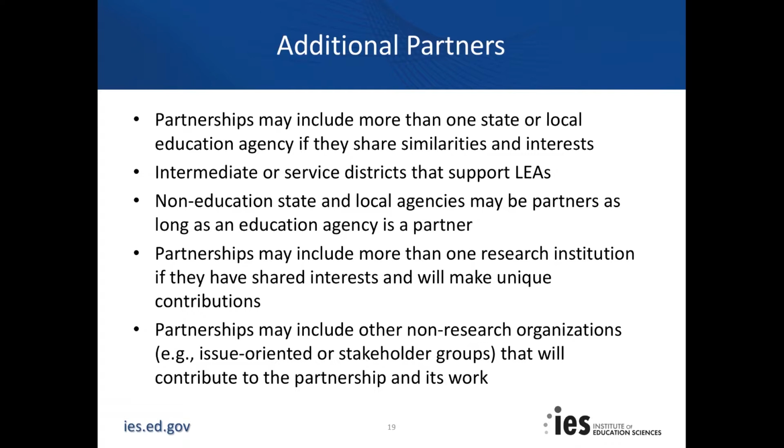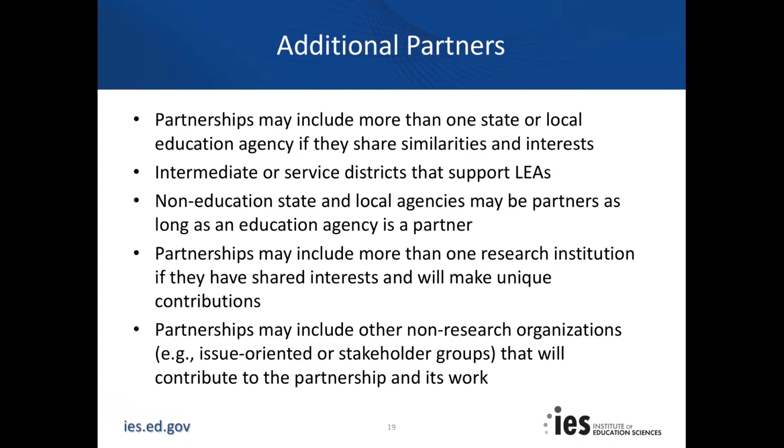So an example would be an evaluation of middle school reading interventions that includes 6 Oregon LEAs attempting to address students with both reading and engagement problems. Intermediate or service districts often work with multiple LEAs by providing training or support for the program or policy being implemented, and so should be included in the project because of their implementation role.